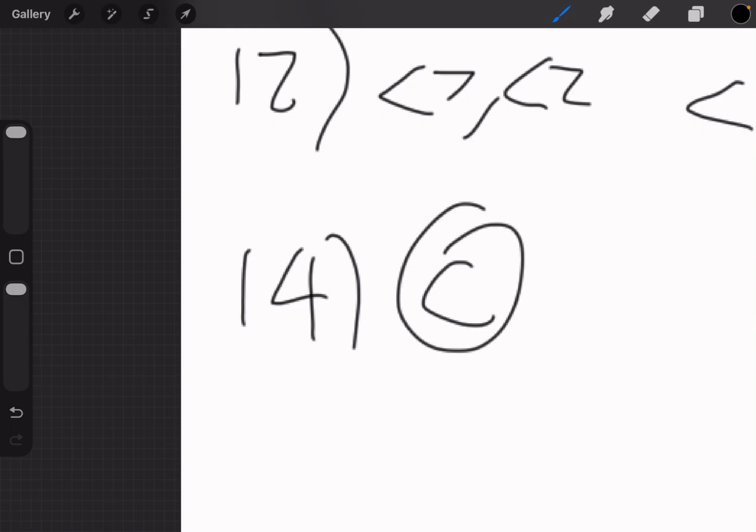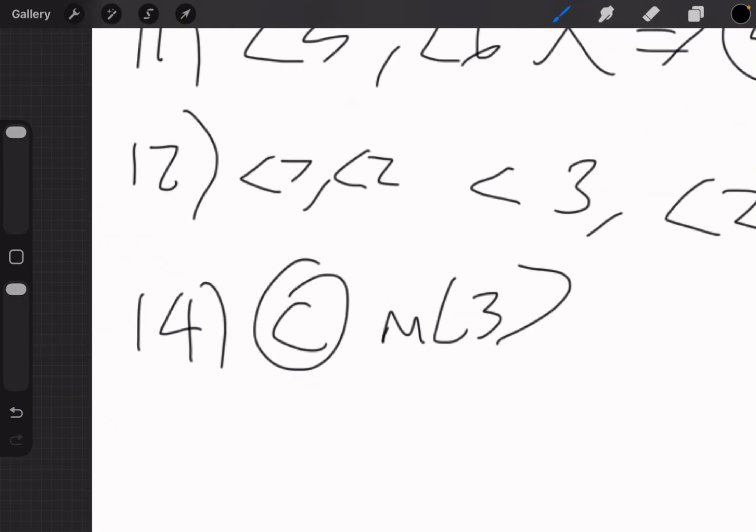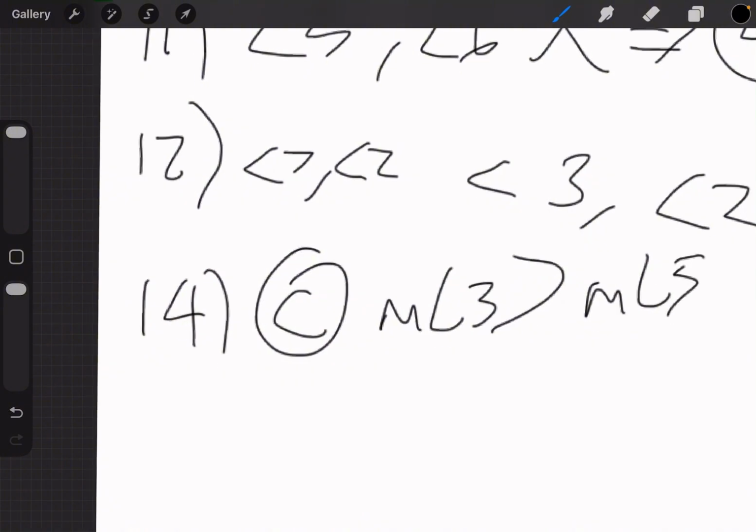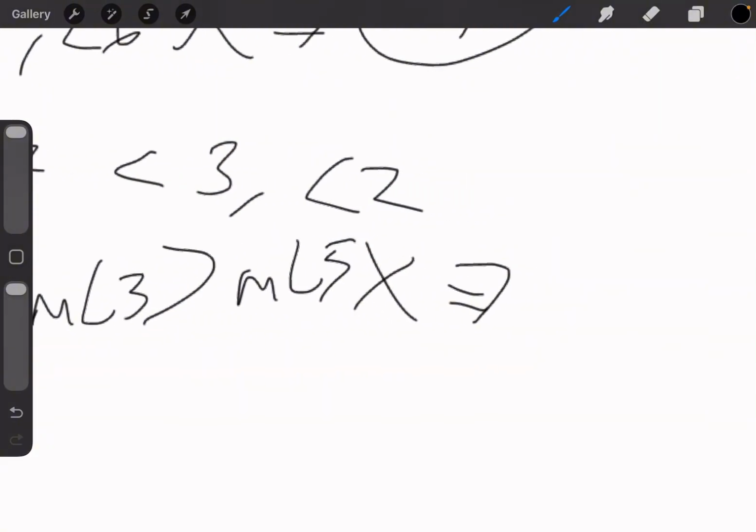For this I wrote C, which is m angle 3 is bigger than m angle 5. I was actually wrong, and the real answer is A.